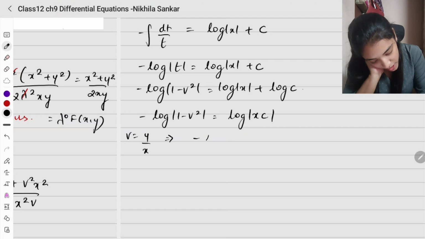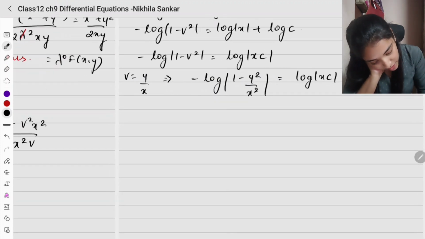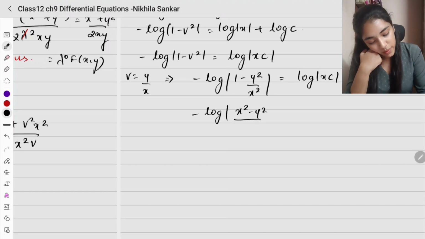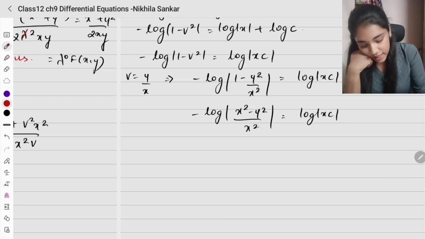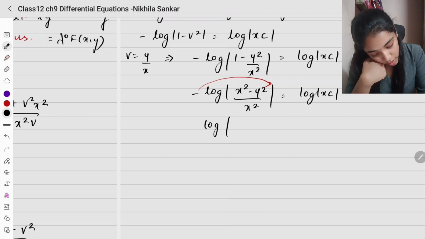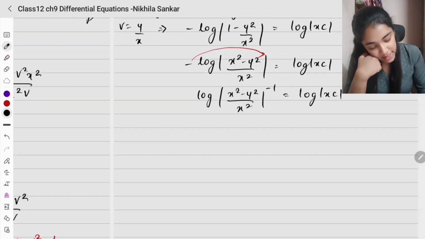So this is going to be minus log of 1 minus y square divided by x square equals log mod xc. So on this side, minus log of, I'm taking the LCM, x square minus y square divided by x square equals log mod xc. This minus I will take here as a power. What do we get? Log of x square minus y square divided by x square to the power minus 1 equals log mod xc.